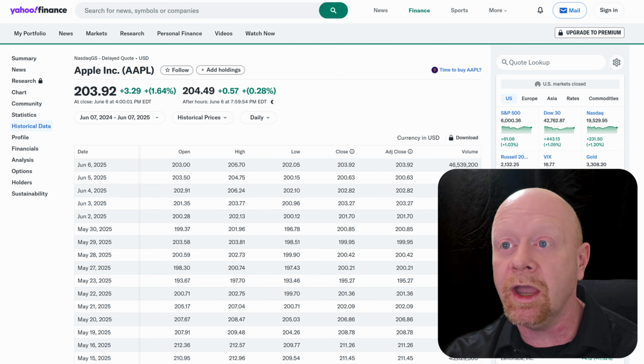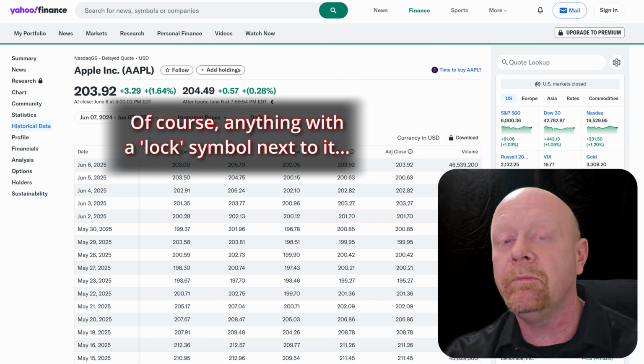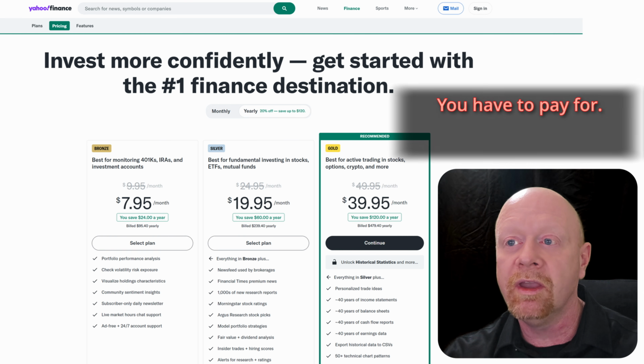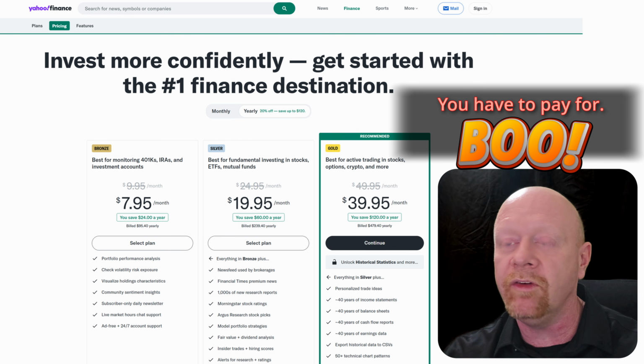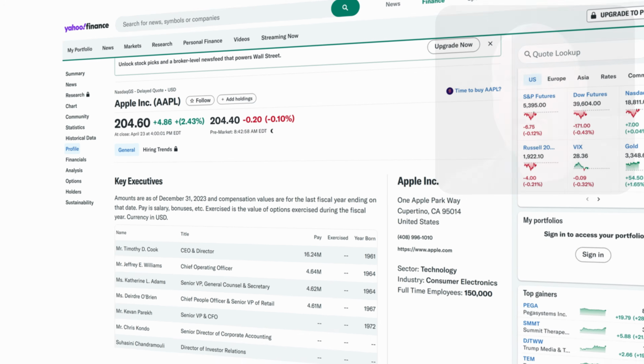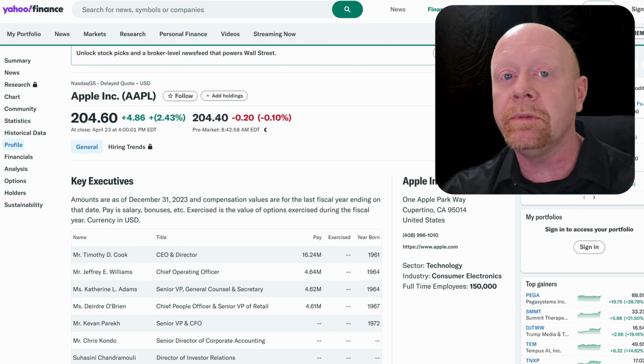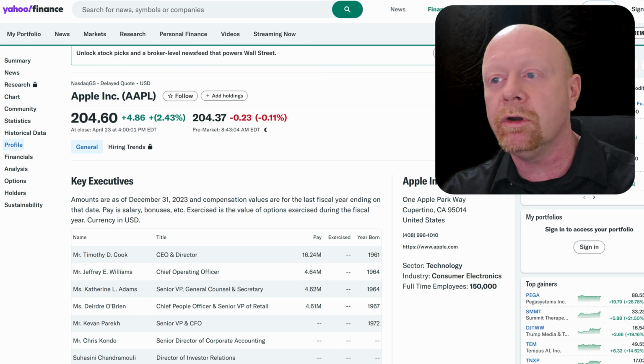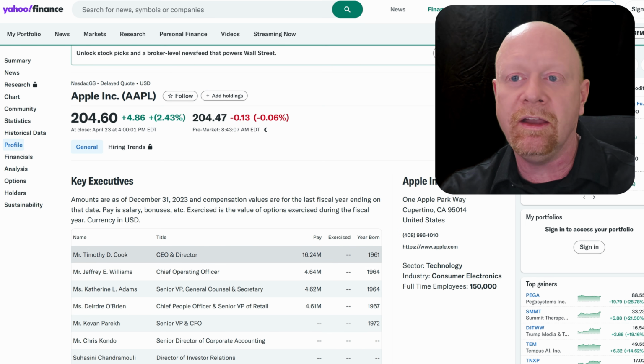The Historical tab provides a customized table of past prices, so open, high, low, close, volume, plus dividends and stock splits. You can download it in a CSV file for your own analysis if you want. The Profile tab outlines the company's business description, so sector, industry classifications, headquarter locations, where they're at, details on key executives, and company governance.